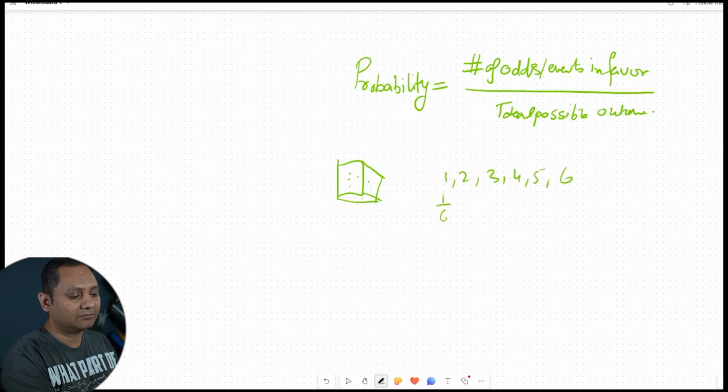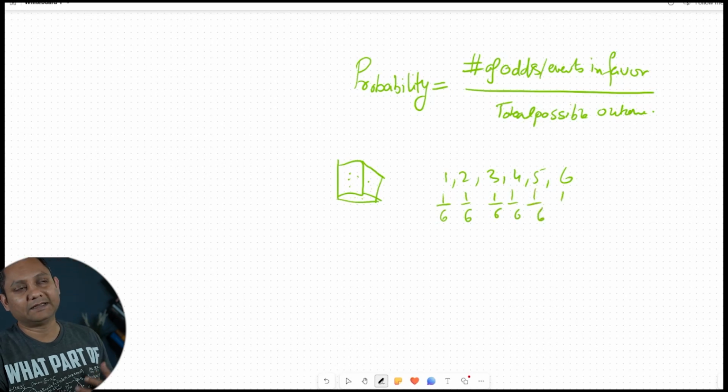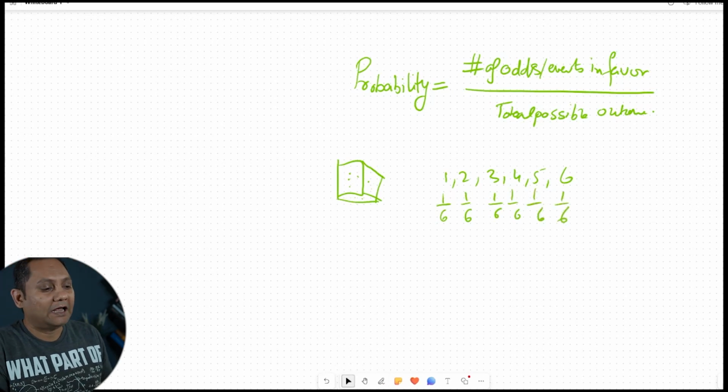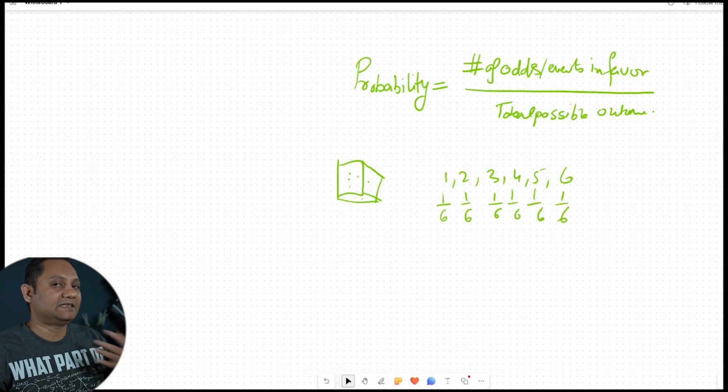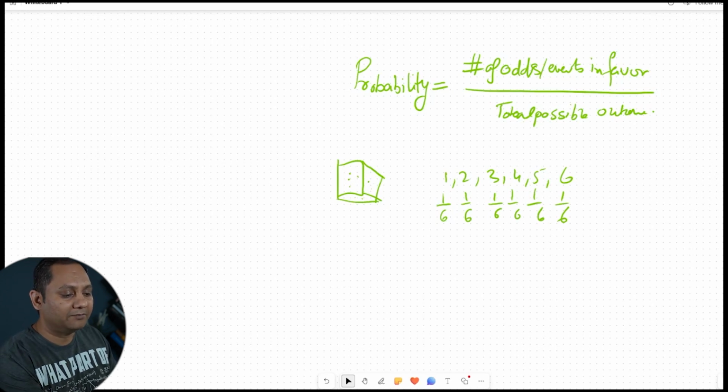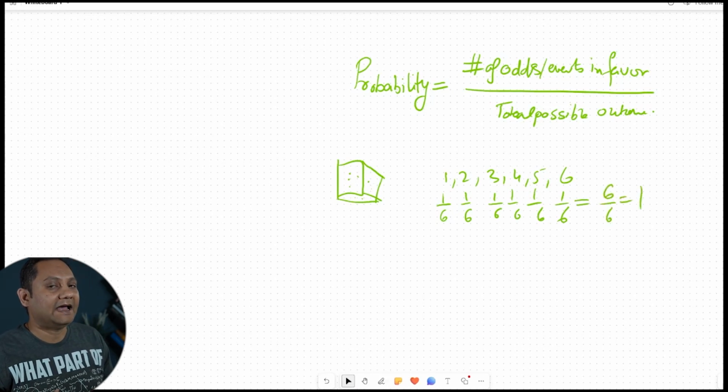Probability of getting 2 is also 1 by 6, and probability of getting 3 is also 1 by 6, right? So all of them have an equally likely chance of showing up. You add all of them, it will become 6 by 6 or 1. So what does it mean? 1 means it's a guaranteed event.